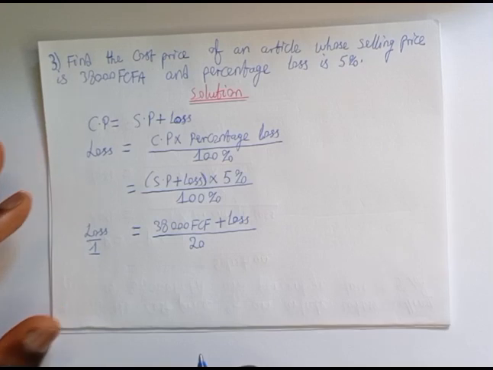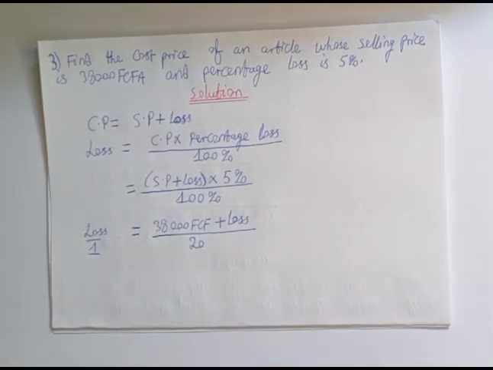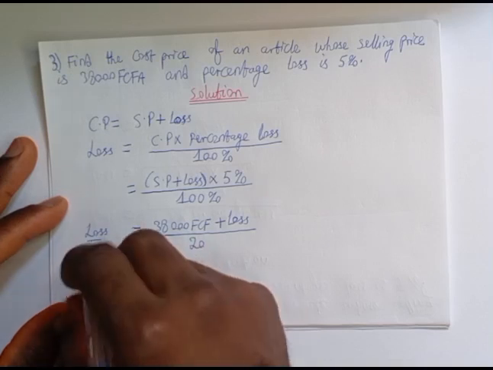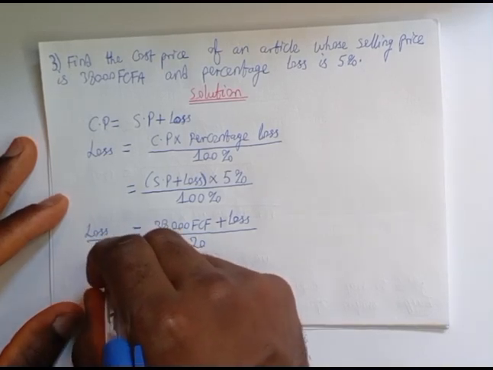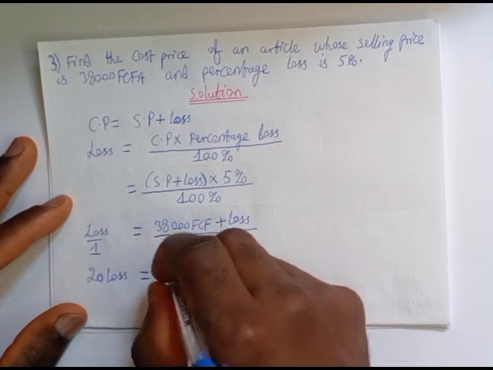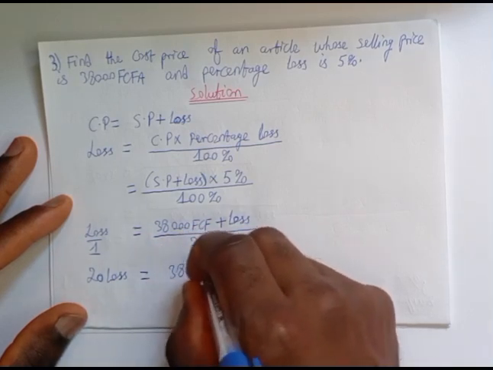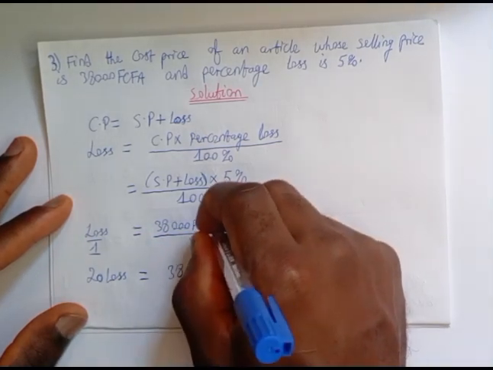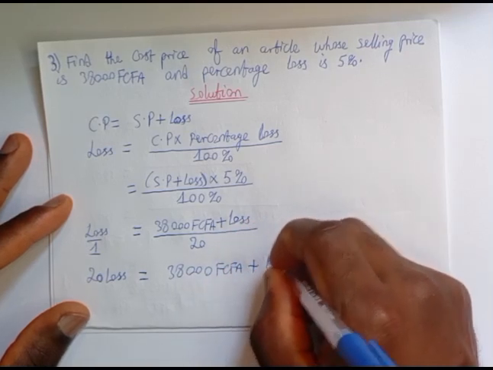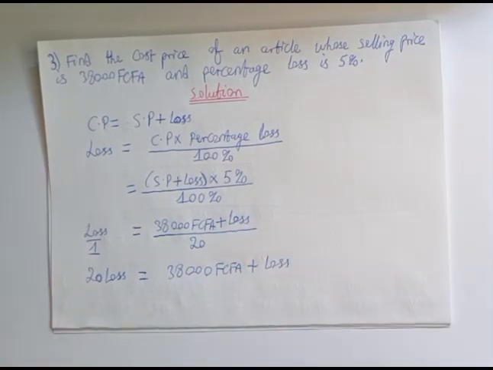Next step, we need to form an equation of the loss, and we calculate the loss by making it the subject of formula. We cross multiply. 20 times loss gives us 20 loss. That means 20 times loss is equal to 38,000 francs CFA plus the loss.